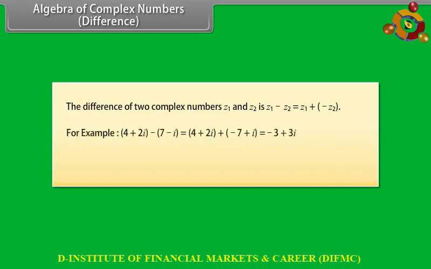For example, (4 plus 2 iota) minus (7 minus iota) is equal to (4 plus 2 iota) plus (minus 7 plus iota) is equal to minus 3 plus 3 iota. Similarly, (6 minus iota) minus (4 plus 2 iota) is equal to (6 minus iota) plus (minus 4 minus 2 iota) is equal to 2 minus 3 iota.